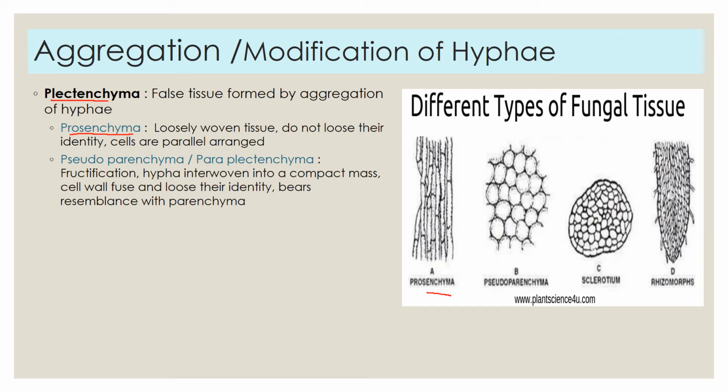Another type of plectenchyma is the pseudoparenchyma or the paraplectenchyma. In this type of hyphal modification, the hypha are also parallel to each other, but here the walls of the adjacent hypha fuse, they lose their identity, and they form a structure that looks like a tissue.